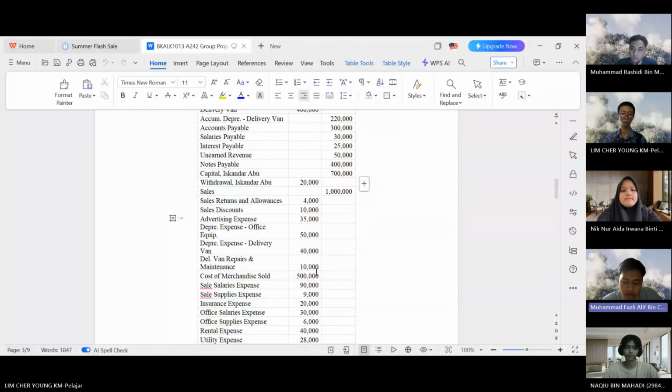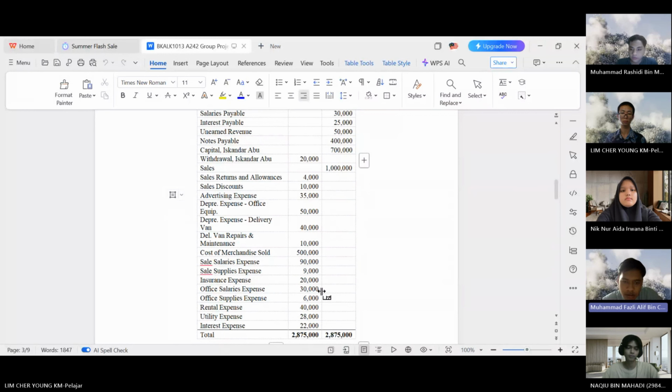And for admin expenses, we have office salary 30,000, office supplies 6,000, and lastly insurance expenses 20,000.